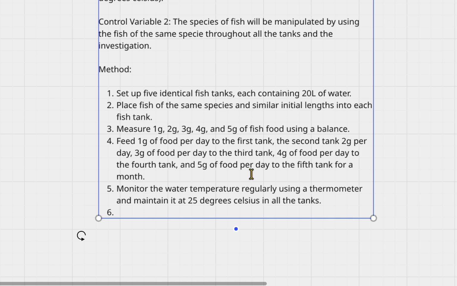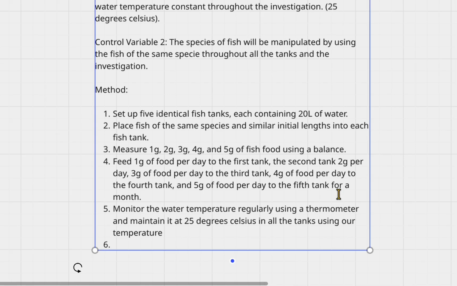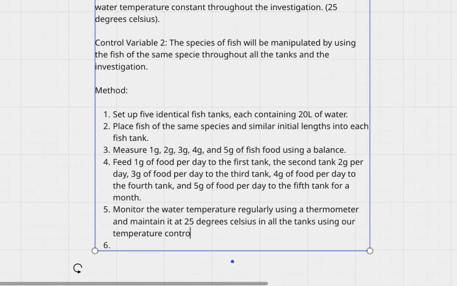So we're basically going to monitor the water temperature regularly by using a thermometer, and then we're going to maintain it at 25 degrees Celsius in all the tanks using our temperature controlled aquarium system. It's quite a huge name actually for something like that, but okay, this will do.